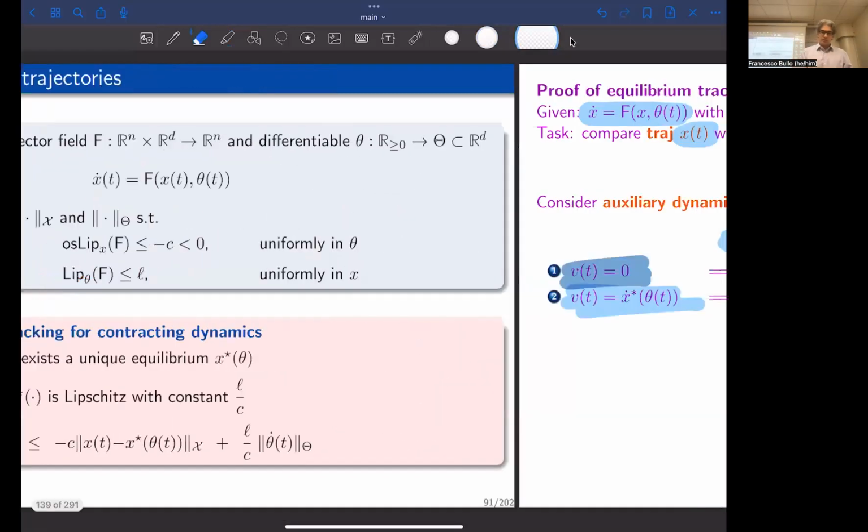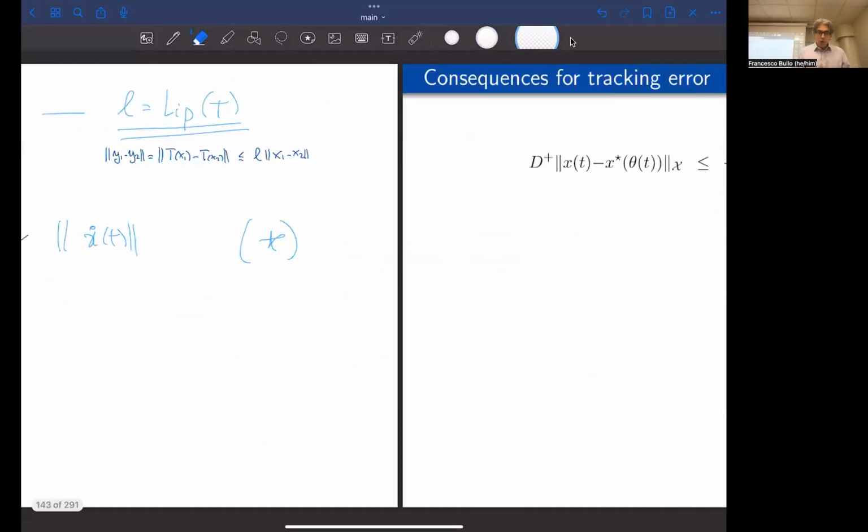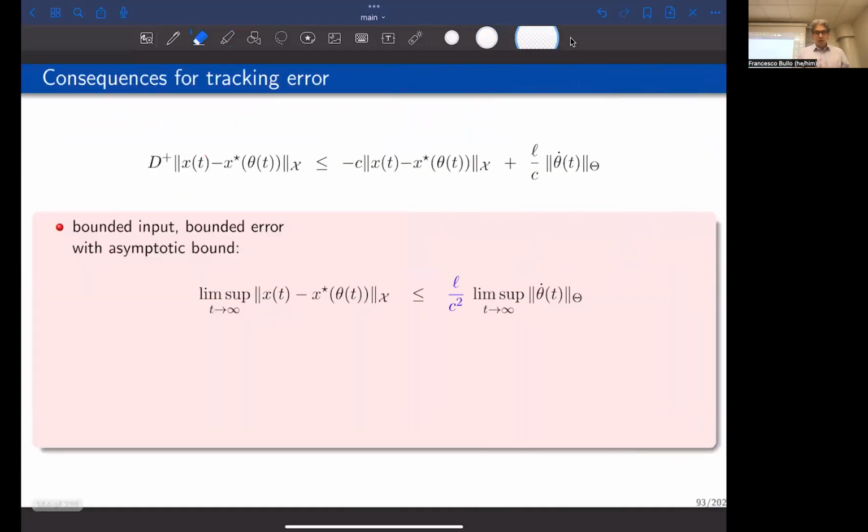C appears twice. So now the consequences of this tracking error ODE, but it's not an ODE, it's an ordinary differential inequality. After the transient due to the initial condition expires, you ask yourself the question, how big is the error going to be in the future?